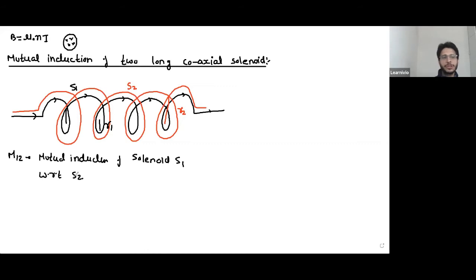S1 with respect to S2 means you are passing current through solenoid S1. You're passing some current I1 through solenoid S1 and EMF will be induced in S2. When I say mutual induction of S1 with respect to S2, that simply means I'm passing current through S1 and EMF will be induced in S2.